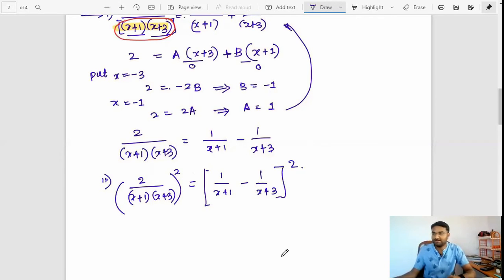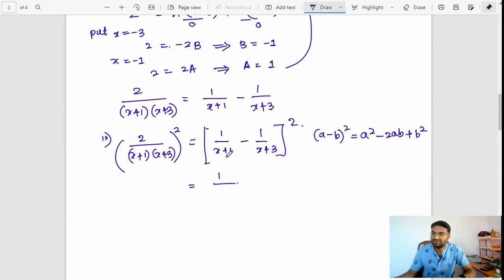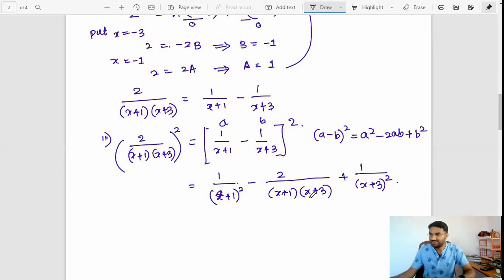This is just the (a minus b) squared expansion, that is a squared minus 2ab plus b squared. Here 1 upon x plus 1 is a and the other part is b. So we get 1 upon (x plus 1) squared, minus 2 upon (x plus 1)(x plus 3), plus 1 upon (x plus 3) squared.